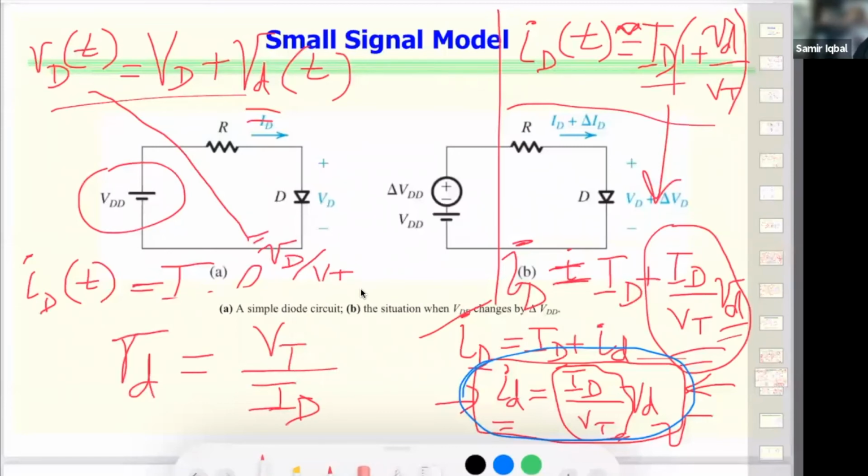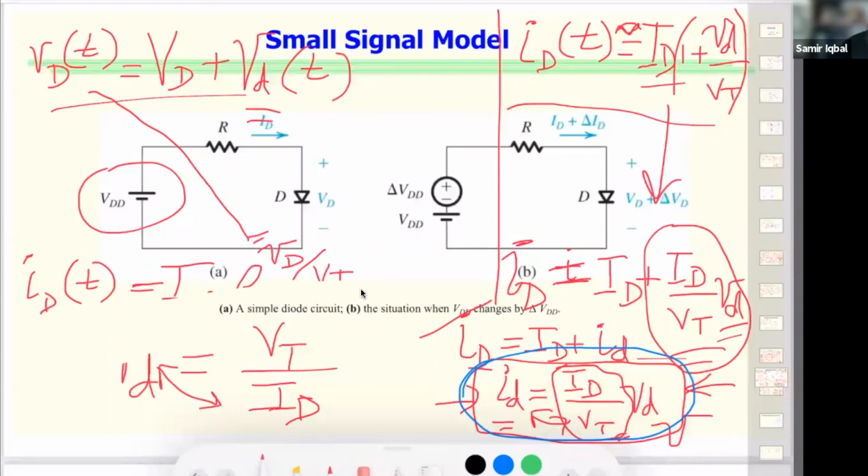And the value of RD is inversely proportional to the bias current ID. VT is constant, right? So threshold voltage is constant for a given temperature.